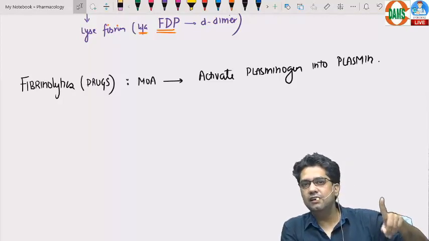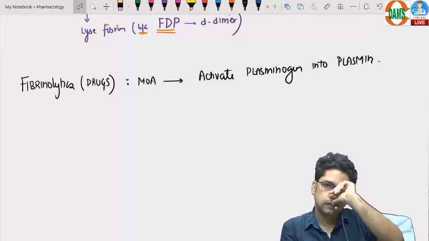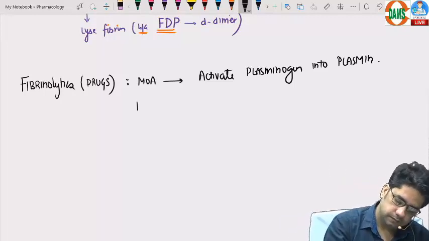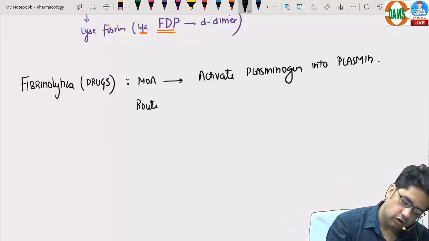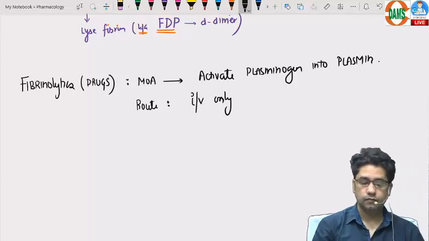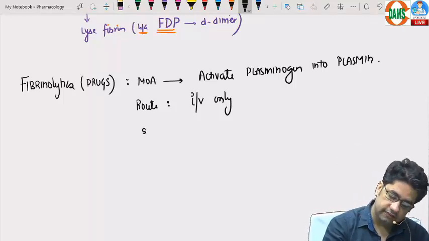They activate plasminogen which is present in our body into plasmin. Okay. What is their route? They all are given IV only. IV only. What is their side effect?